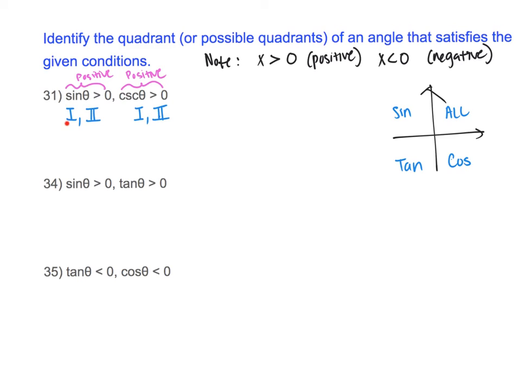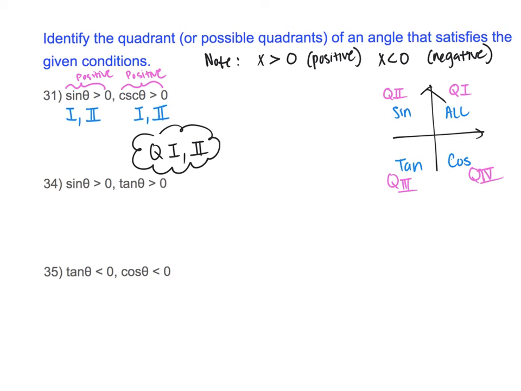Because they are both in the first and second quadrant, it satisfies these two conditions, okay? Let me go ahead and label these the first, second, third, and fourth. That way it's easier to see.